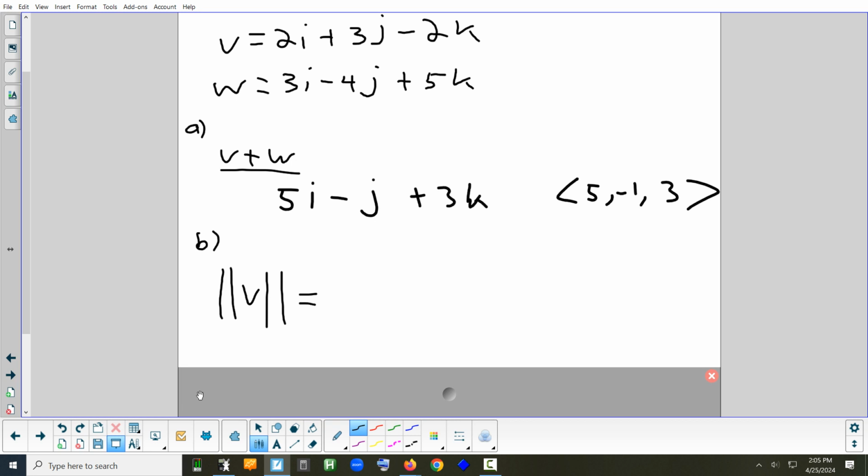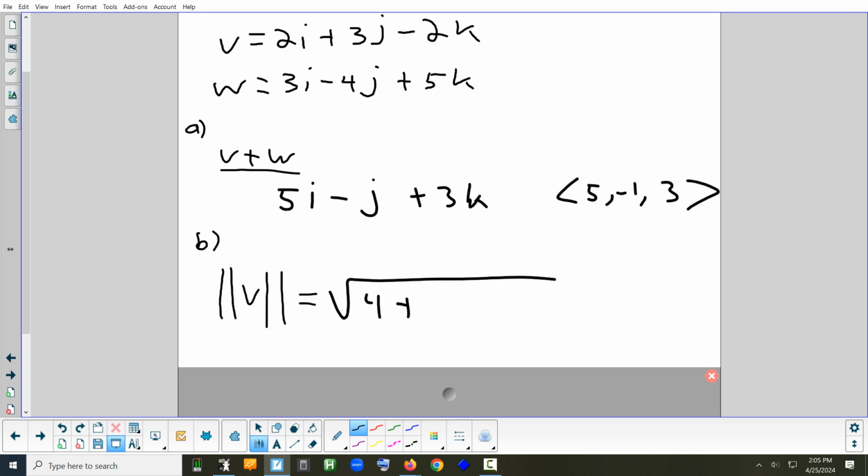Let's find the magnitude of v. How would I find the magnitude of v? Square root, yep, square root of 2 plus 3 minus 2, squared to the second power, all of them to the second power. Okay, so tell me what's going to be the first one. 2 to the second power. Okay, so we got 2 squared, that's 4.